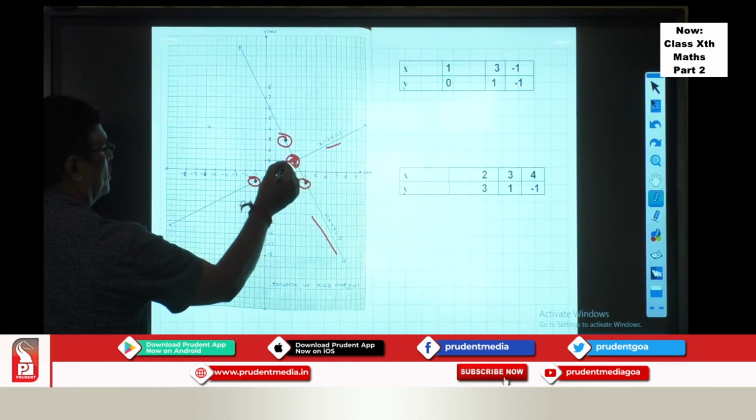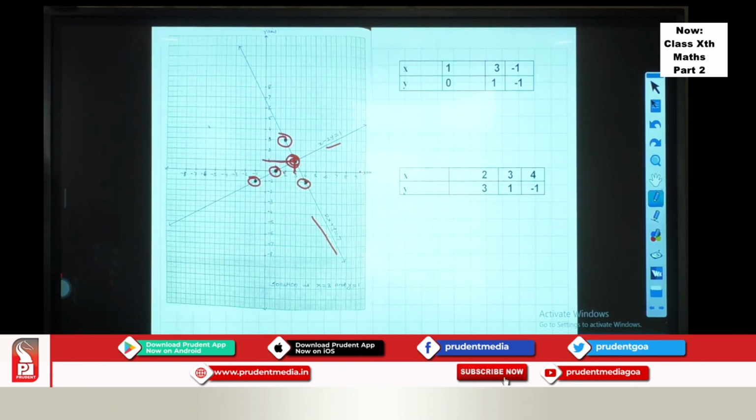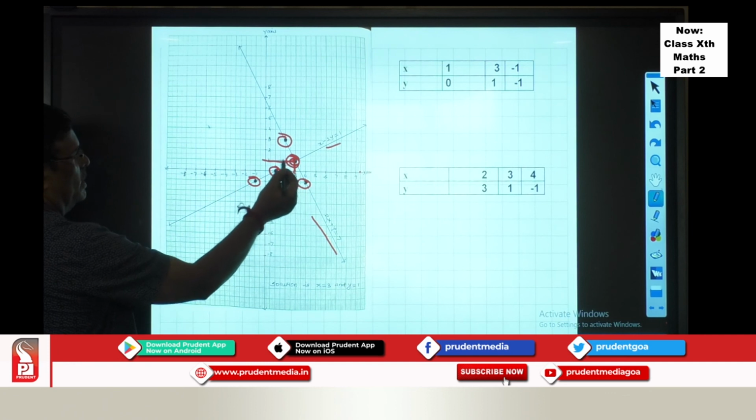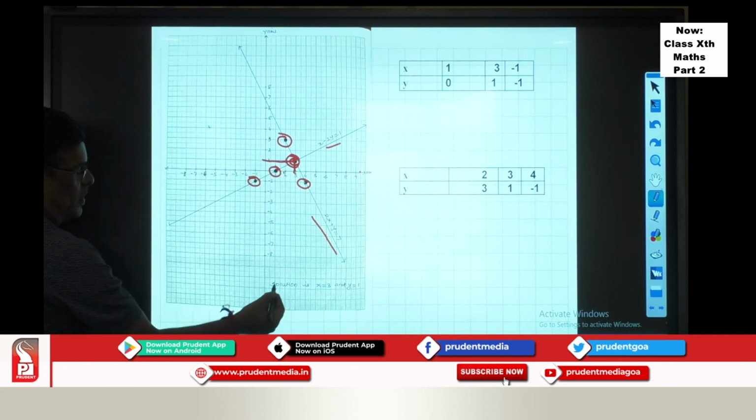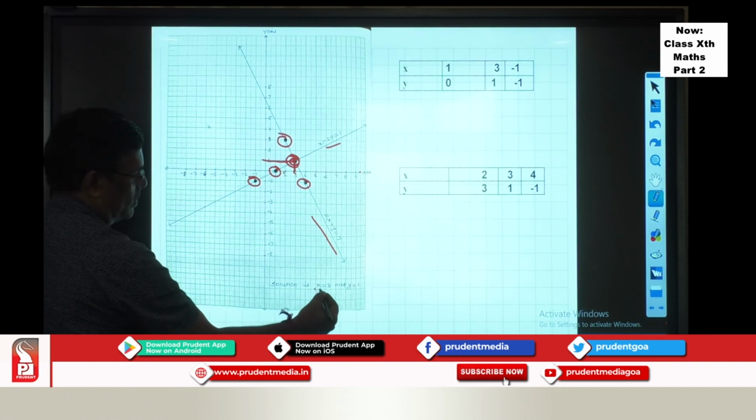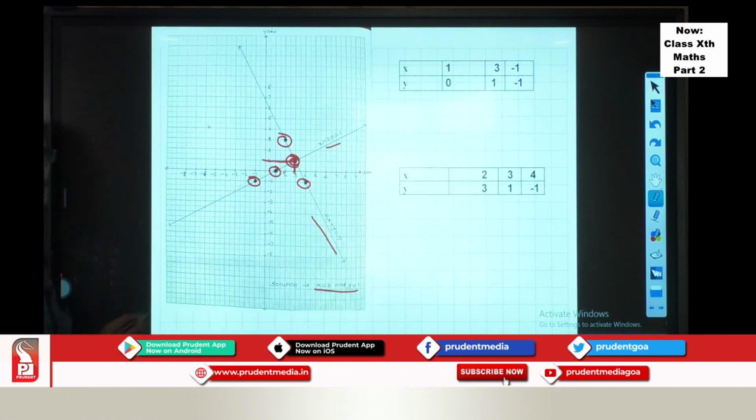From here we draw a straight line on the y axis, and we check their point of intersection. Their point of intersection is x is 3, y is 1, and therefore on the graph page we write, therefore the solution is x is equal to 3 and y is equal to 1. So in this way we are finding the solution of a linear pair of equations graphically.